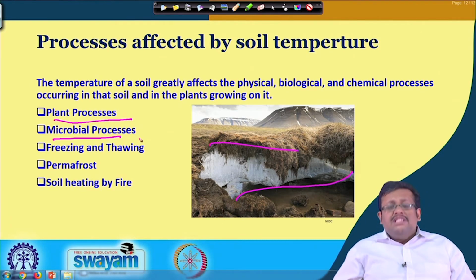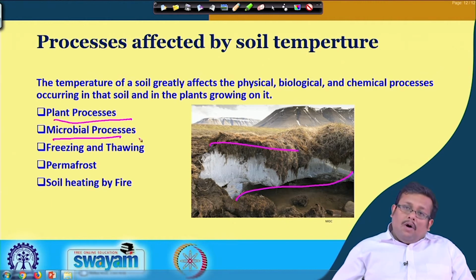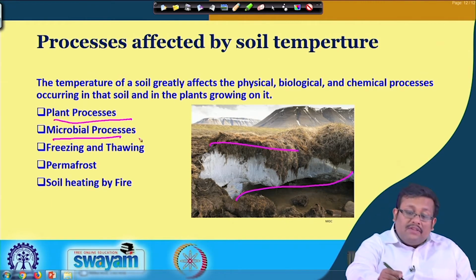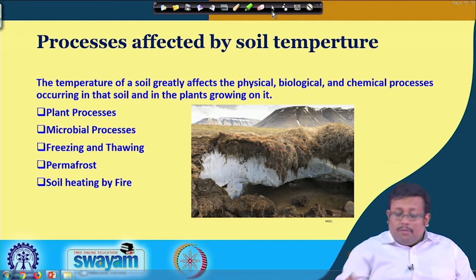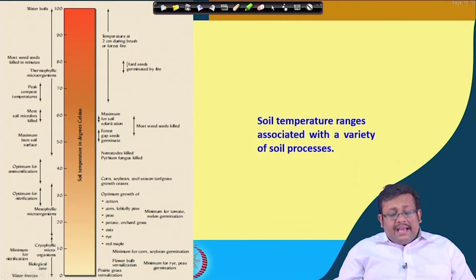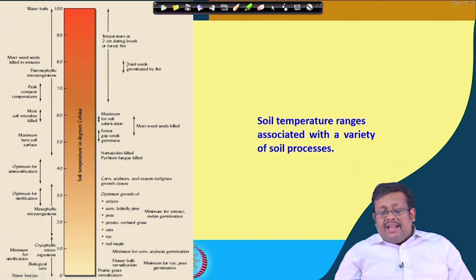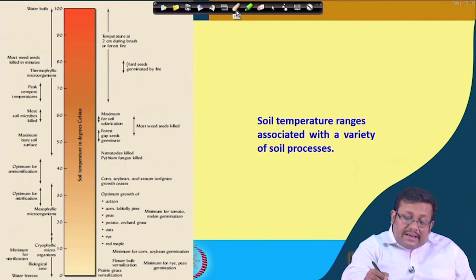So, all these processes are very important from the soil as well as plant growth point of view, and these are all governed by the soil temperature or the variation in soil temperature. So, let us go ahead and see the different ranges associated with the variety of soil processes. This is a very informative slide.